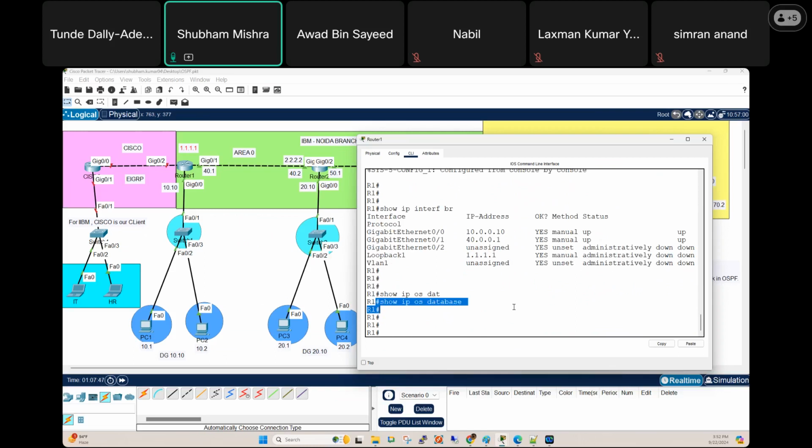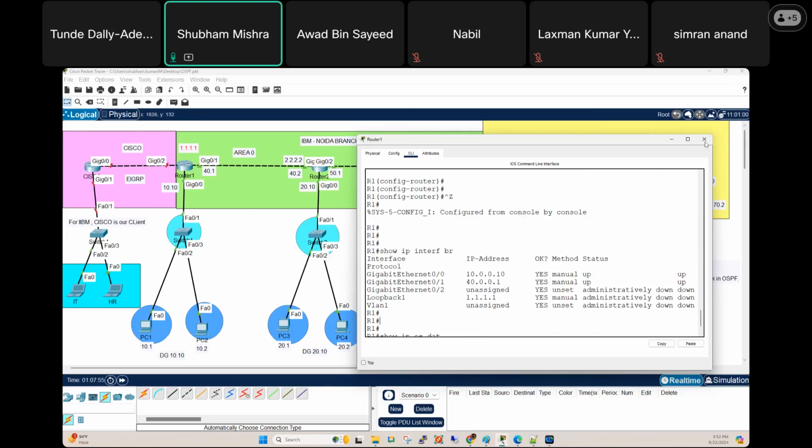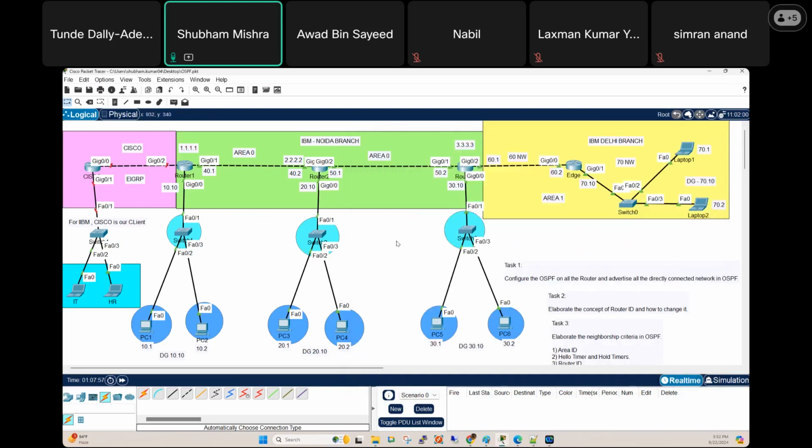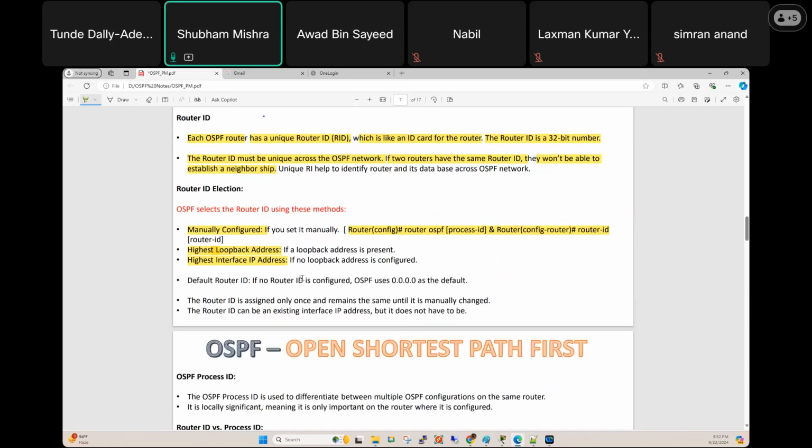But now when you check the database table, your database will be represented by 4.4.4.4. Right now, everyone, tell me. Understand? I told you the use of router ID is to represent your database.